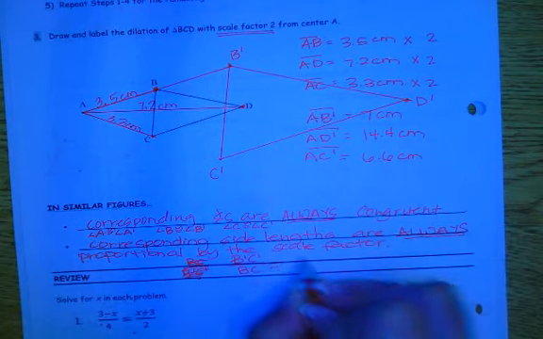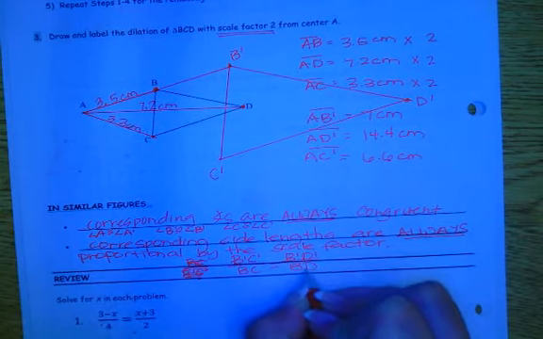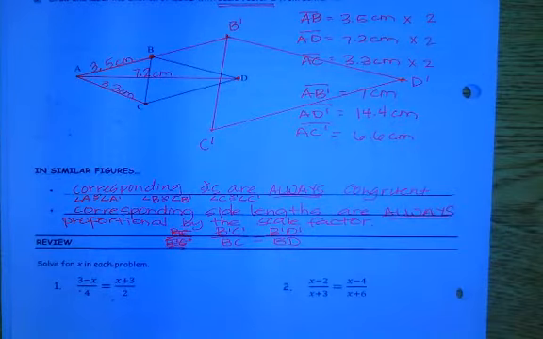So the ratios have to be equal to each other, or proportional, by the scale factor. So they all should reduce to the same scale factor. If the side lengths don't reduce to the same scale factor, then they aren't similar. So side lengths have to be proportional, corresponding angles have to be congruent.